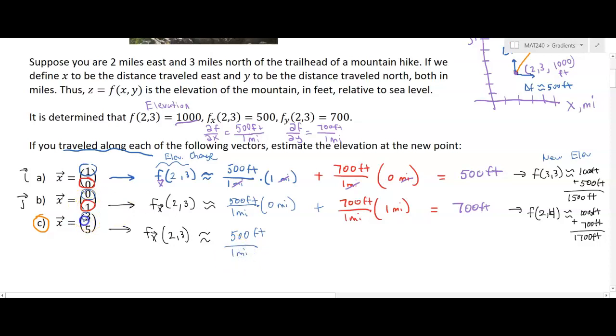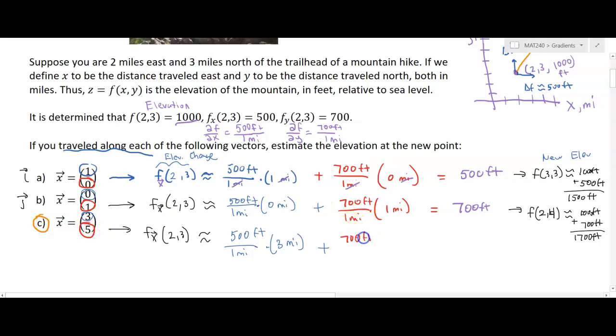In this case, we're traveling 3 miles east, so if this were a constant elevation change for every 1 mile, then we would get 1,500 feet of elevation increase just from moving in that x direction. Plus, now we need to account for the y direction, which is 5 miles.